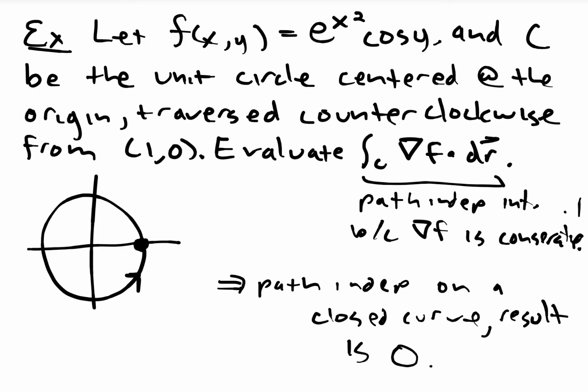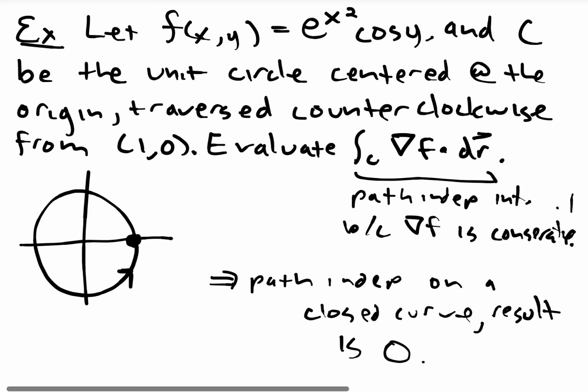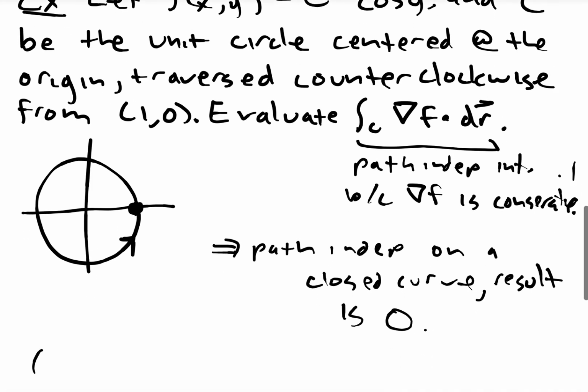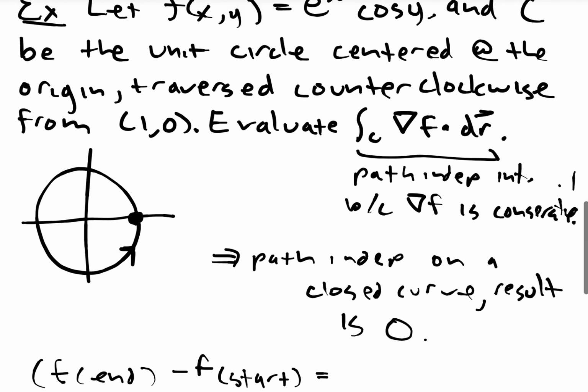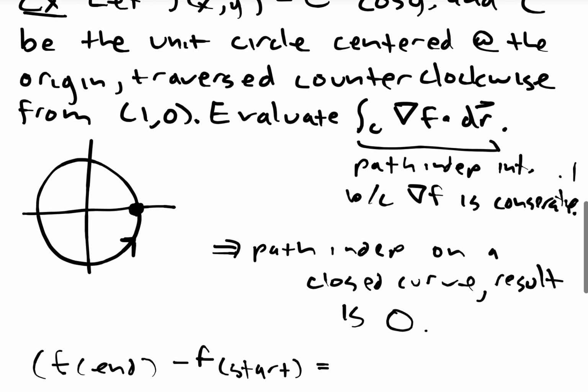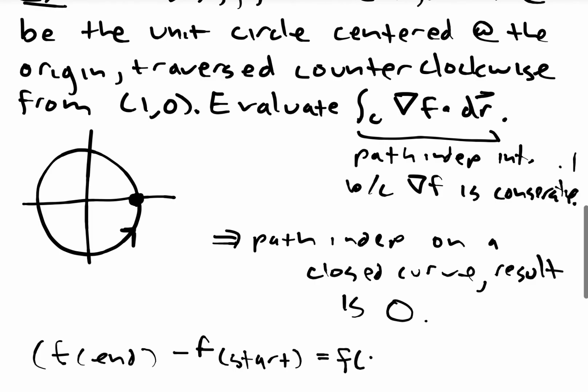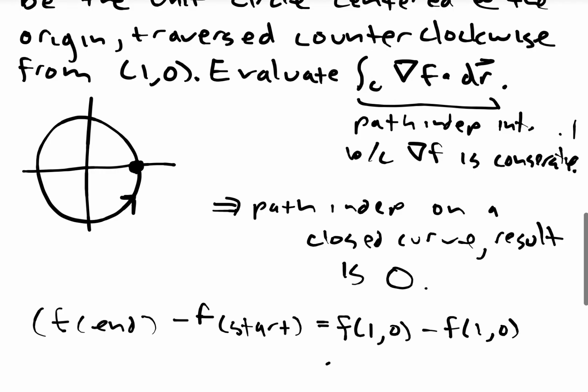If you did want to worry about f end minus f start here, basically what I'm saying is this. We decided to end and start at the point (1, 0), so this is f of (1, 0) minus f of (1, 0). It's just going to come out to 0, right?